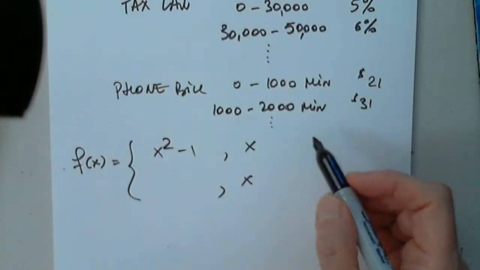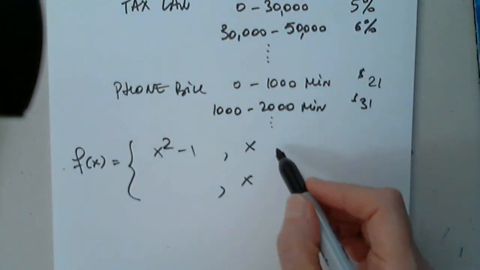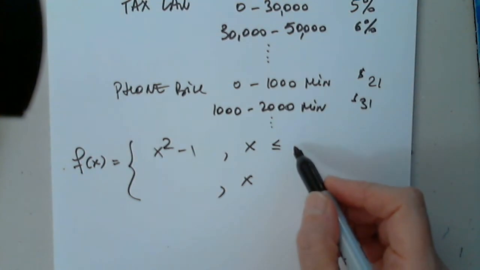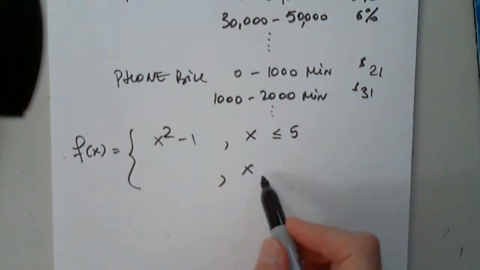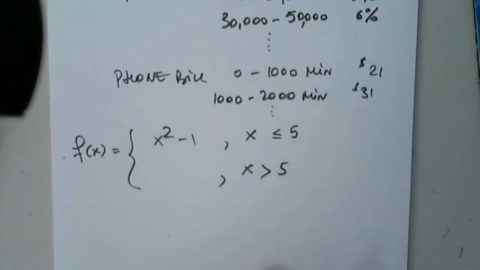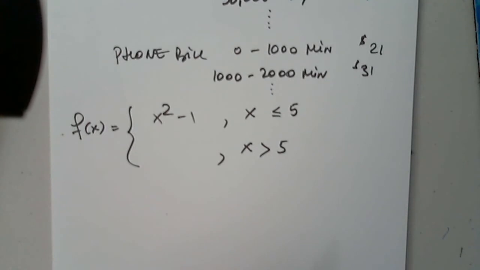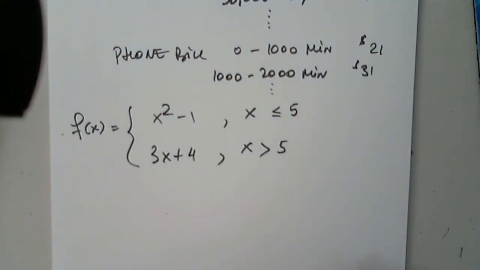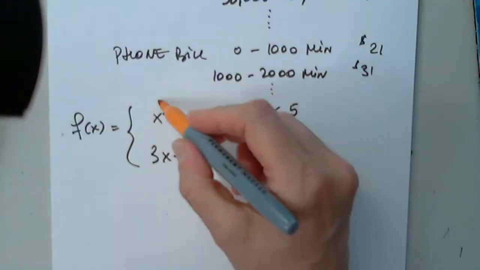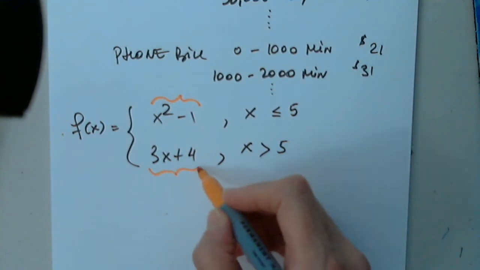For any x you want, whatever x you want. 3. For x less than or equal to? Any number? Yep. 5. Excellent. Well, let's say that's greater than 5. Yep. Give me another function. 3x plus 4. Perfect. Excellent. So can anyone tell us what type of function is this and what type of function is this?